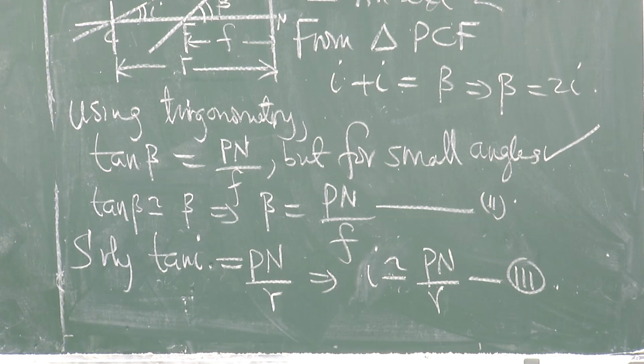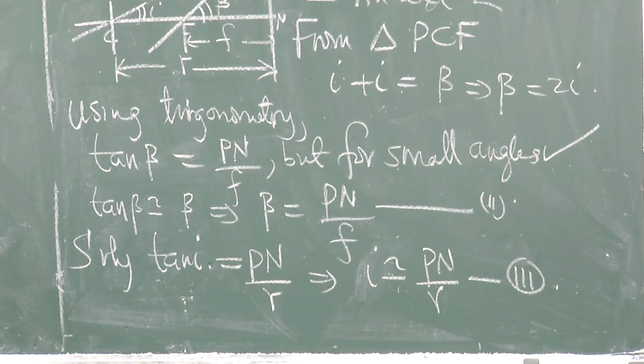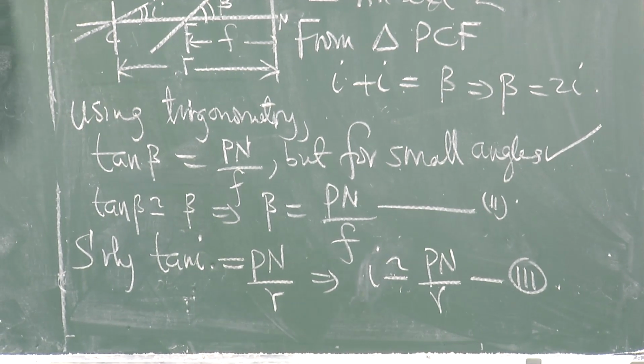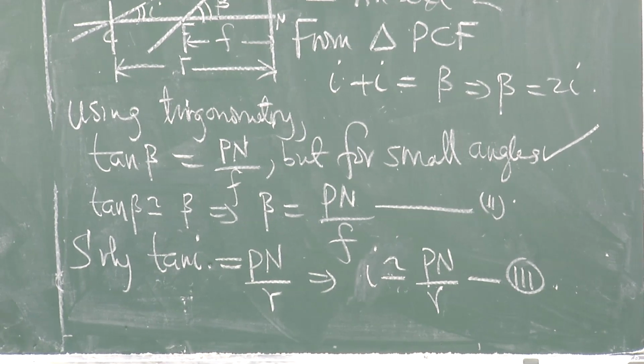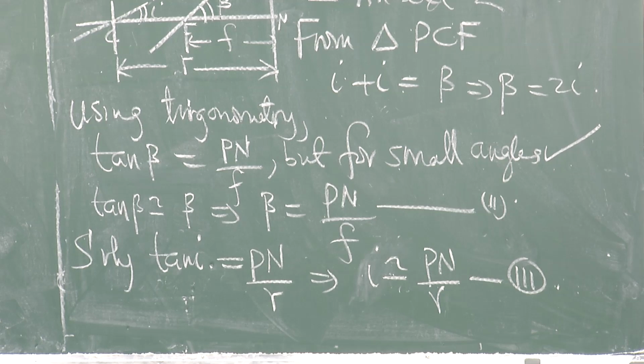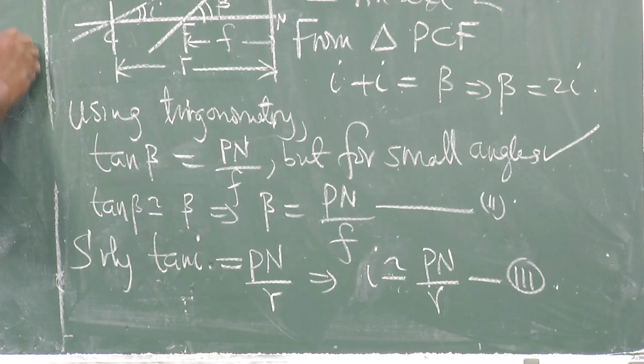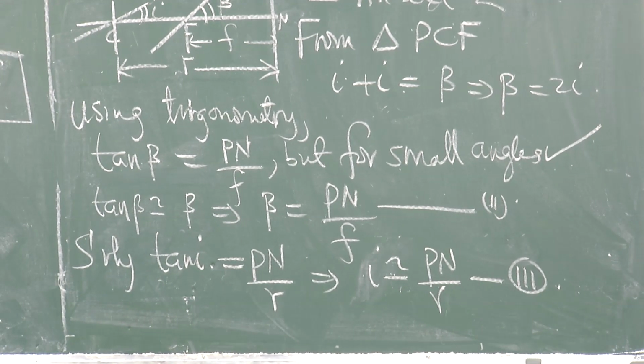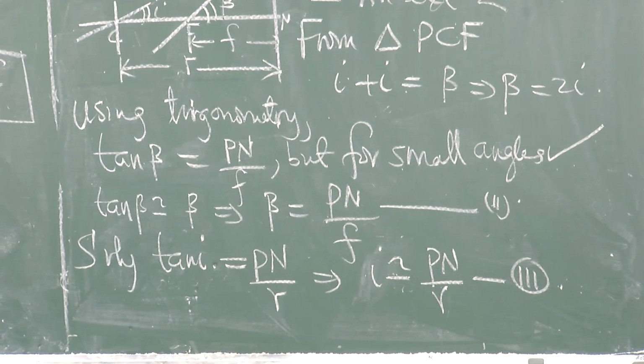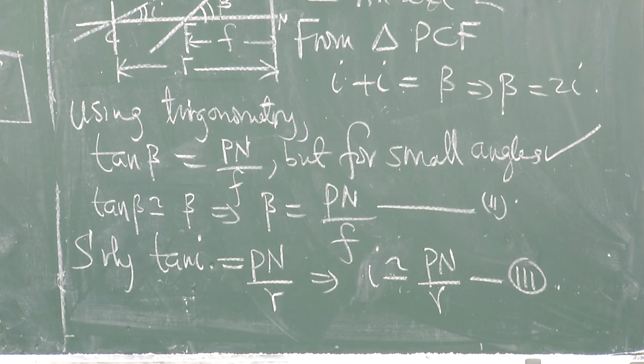And therefore, if we substitute for beta and I in equation 1, we shall obtain that Pn over F will be equal to 2 times Pn over R. This implies that 1 over F will be equal to 2 over R, from where, if we make R the subject, it would give us 2F, or we could say that F is a half of R.